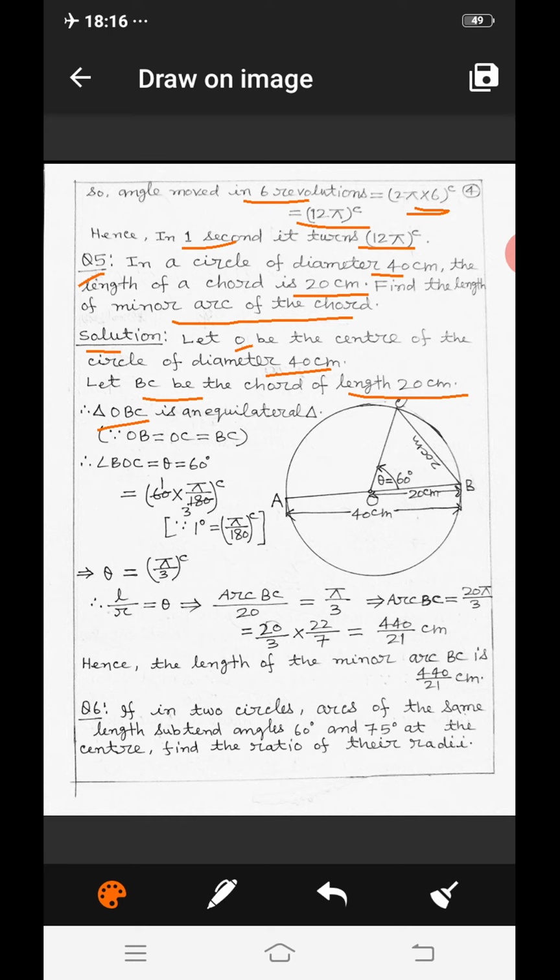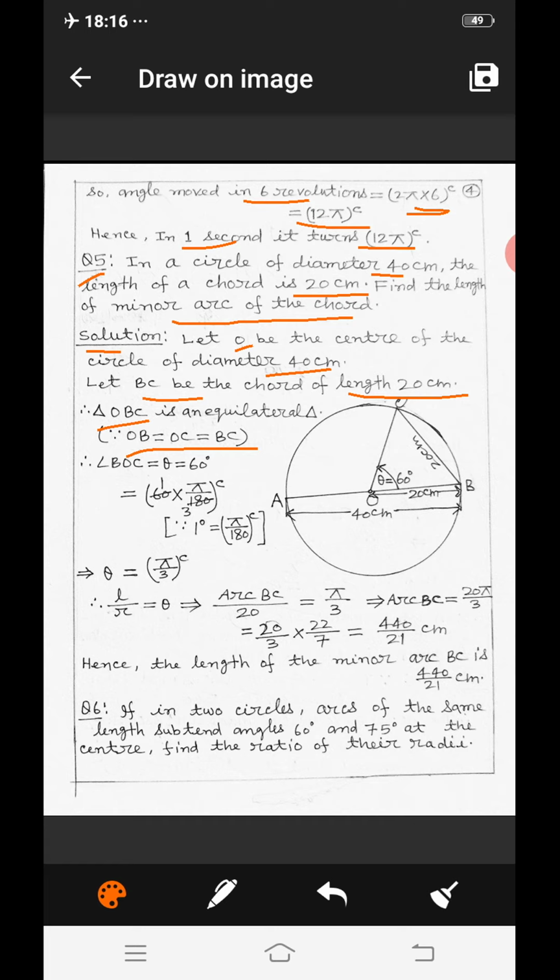because OB is equal to OC is equal to BC. All three sides are equal. Therefore, each angle of this triangle is 60 degree. That is, angle BOC equal to theta is equal to 60 degree, where theta is the angle subtended by minor arc BPC at the center.